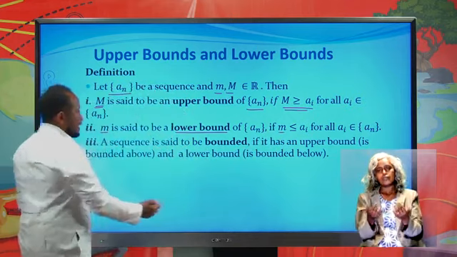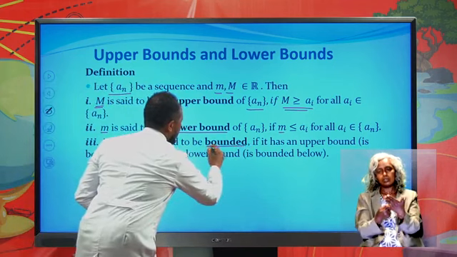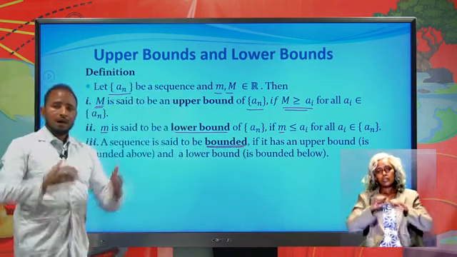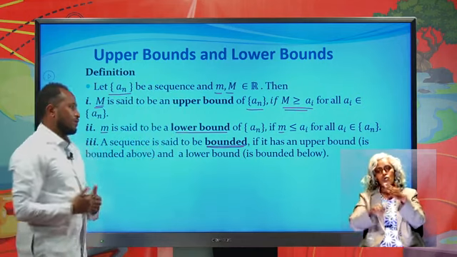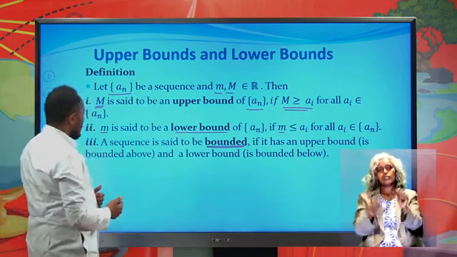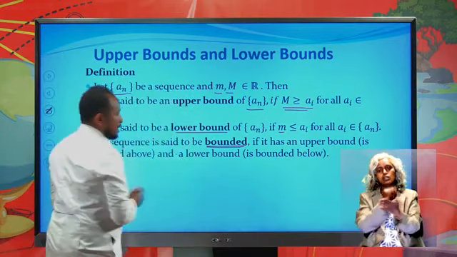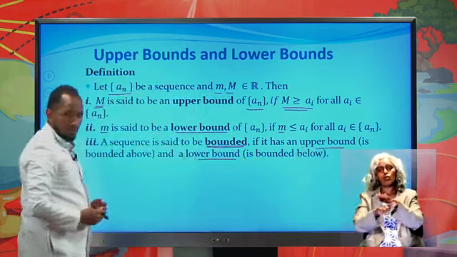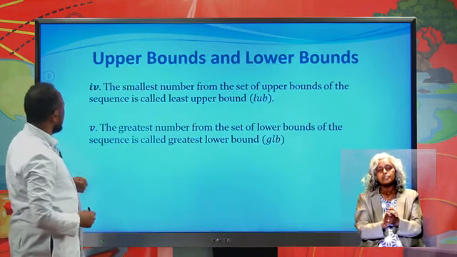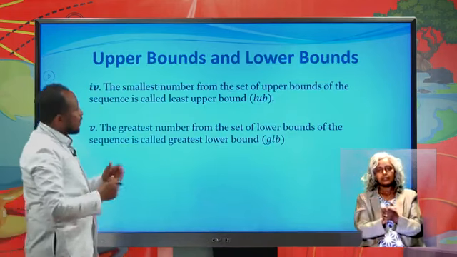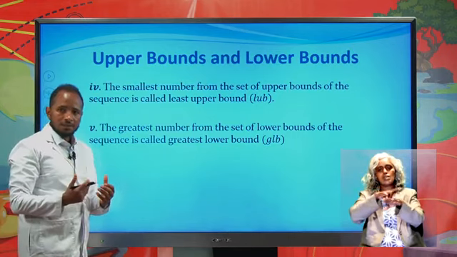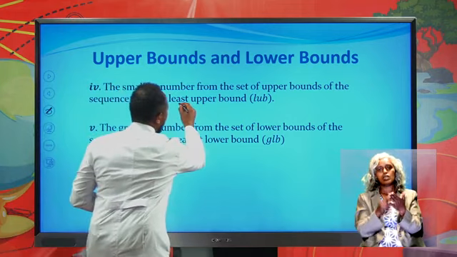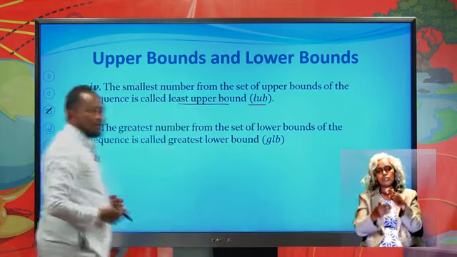Now we say a sequence is bounded if it has both an upper bound and a lower bound. And from the upper bounds, the least number we call the least upper bound, or LUB, of that sequence.